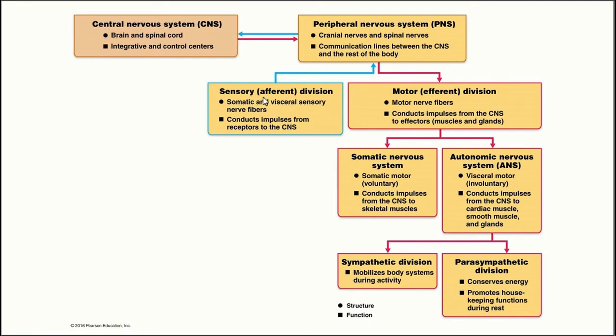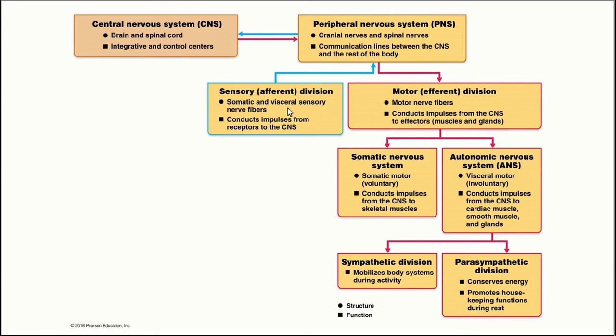So I like to think of afferent as information is approaching the central nervous system so that it may be integrated and interpreted within the brain or within the spinal cord. And this afferent division is feeding information to the central nervous system from somatic sensory nerves. So these are sensory nerves from our skin, our joints, and our skeletal muscles.